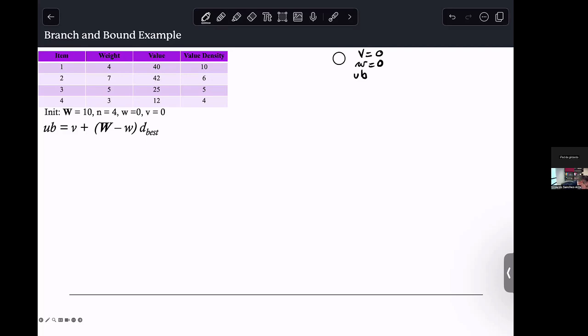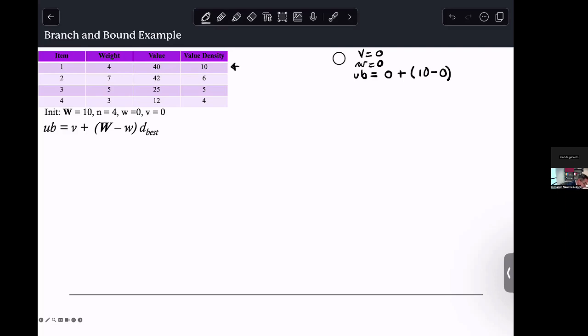The upper bound is going to be this total value so far, which is 0, plus the maximum weight, which is going to be 10 kilograms, minus the weight that is already carried in the backpack, which is 0, multiplied by the density of the best item in this table, which is going to be this one.